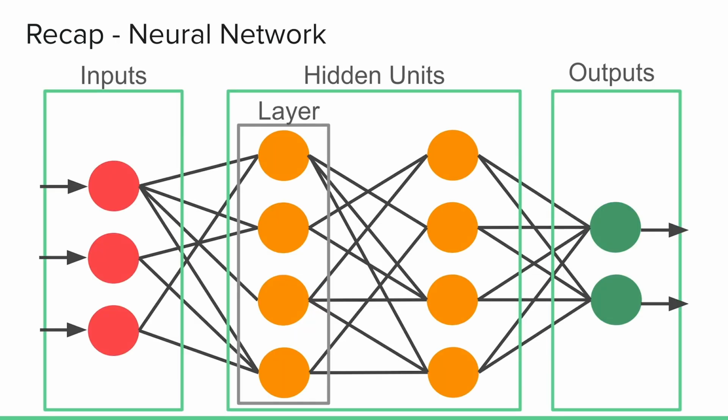We also talked about neural networks as being feed-forward networks, where we go from the left, we have our input layer, we have a bunch of hidden units, and then we have our outputs. Last week we talked about these feed-forward networks in the context of visual computing, and we learned that they operate really well on grid-like data structures, but they have one shortcoming.